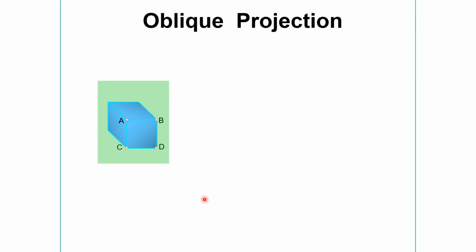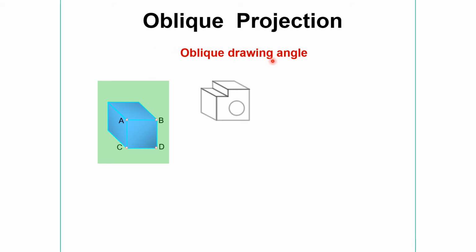Oblique projection. The oblique projection I have also discussed in detail in the previous lectures. In the oblique projection, we get the front side with two dimensions but not the third dimension, so we project the third dimension by our own observation. Here is the oblique drawing angle.